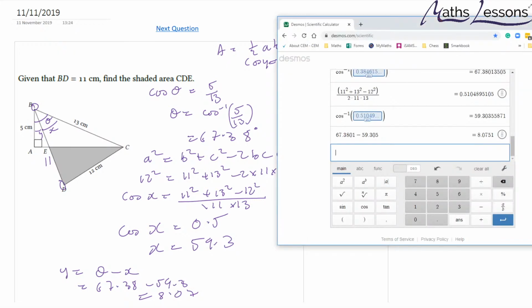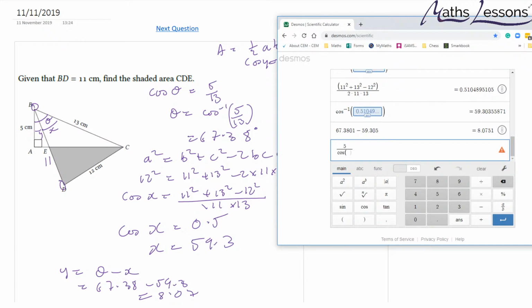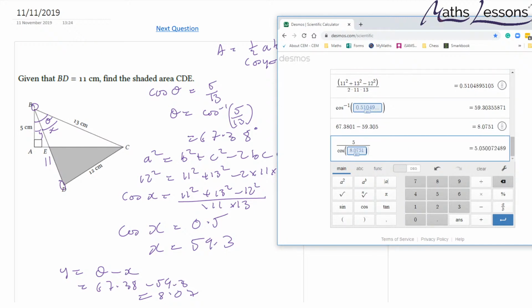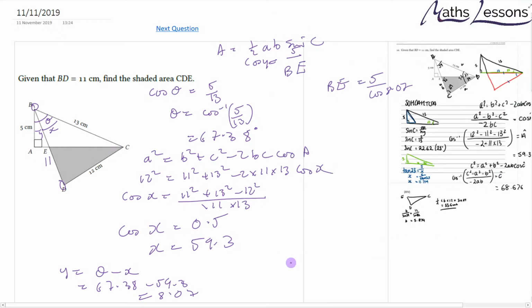Calculator again. The answer for BE is 5.05. So I now know this length here is 5.05.